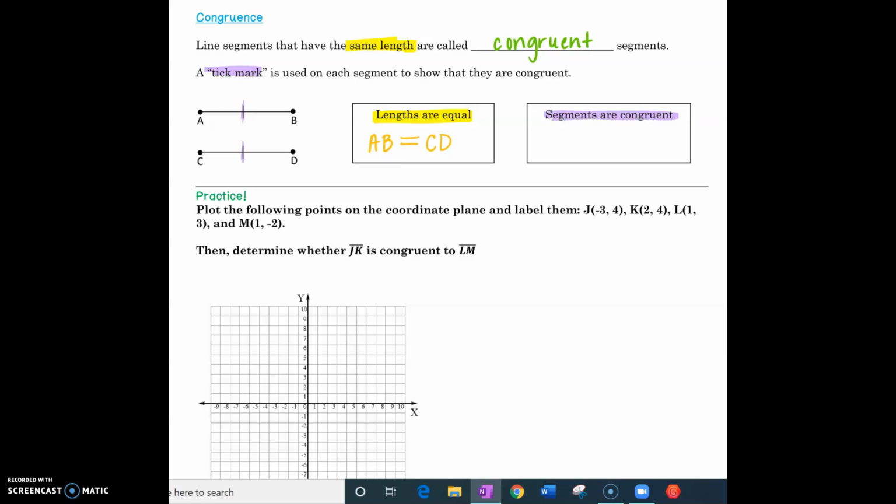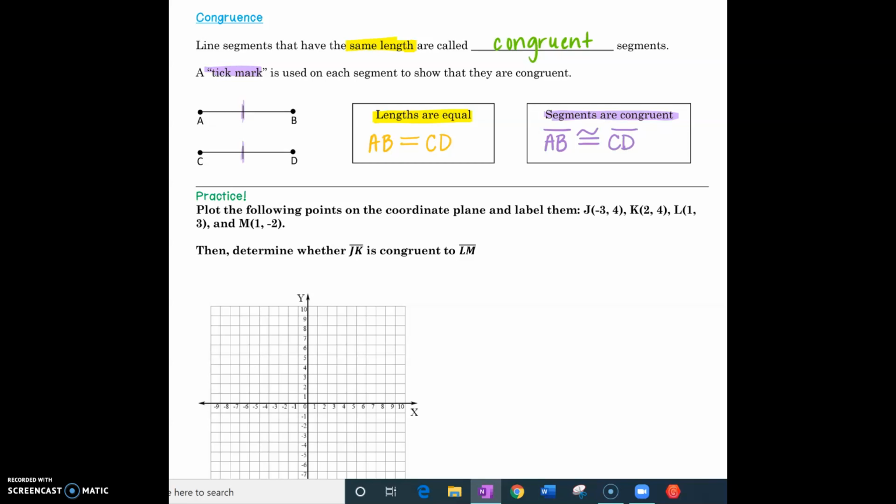We do have to use the line segment notation. So we have line segment AB is congruent to, so the congruent symbol is an equal sign with a squiggle above, line segment CD.